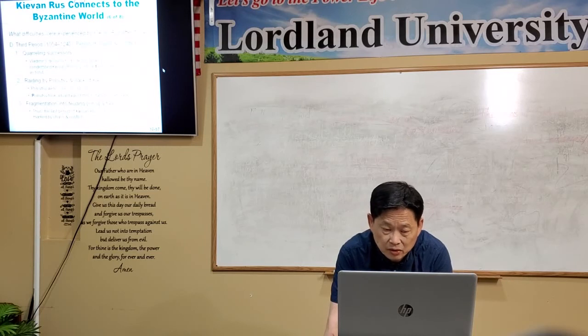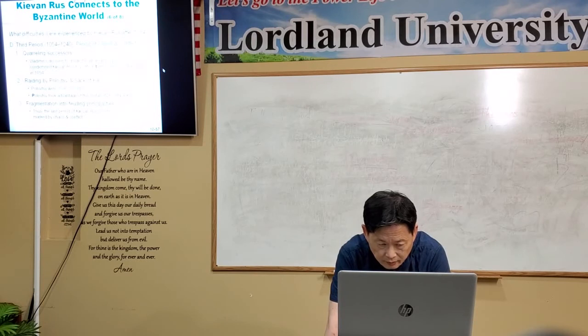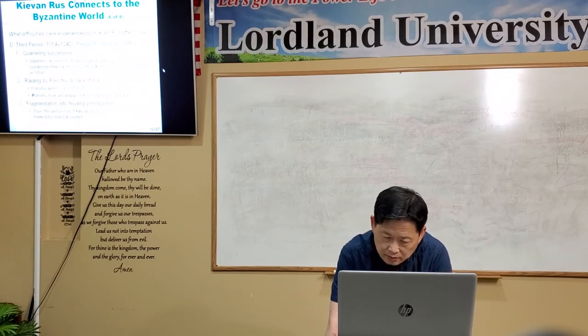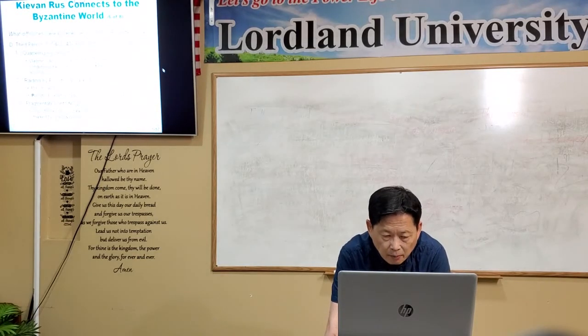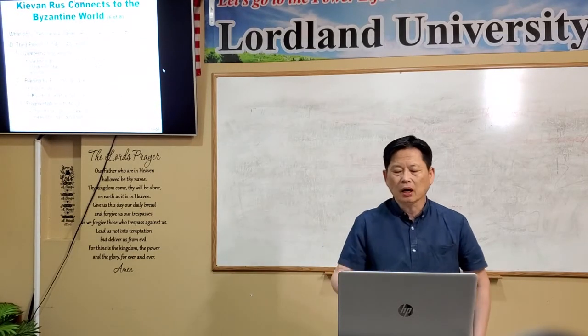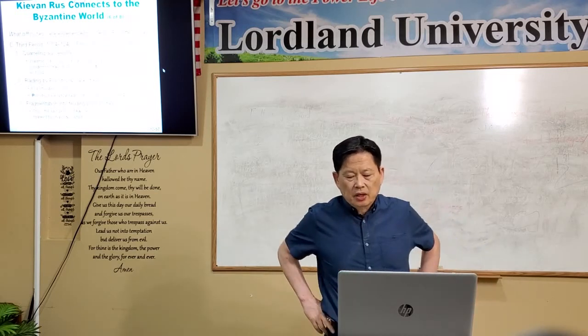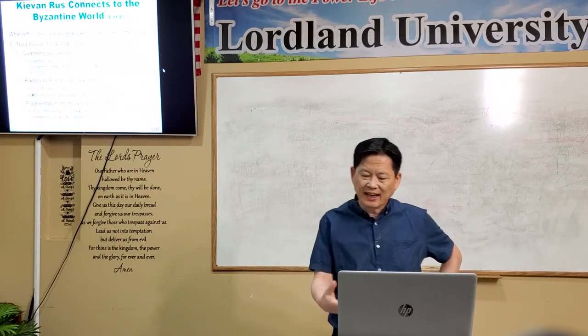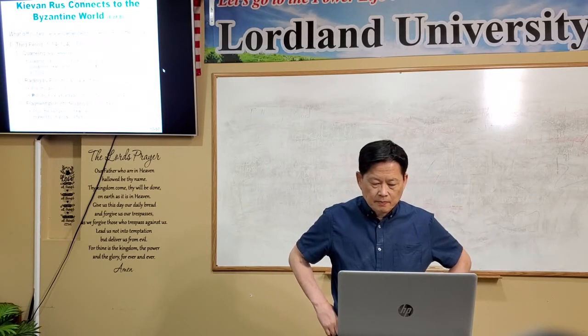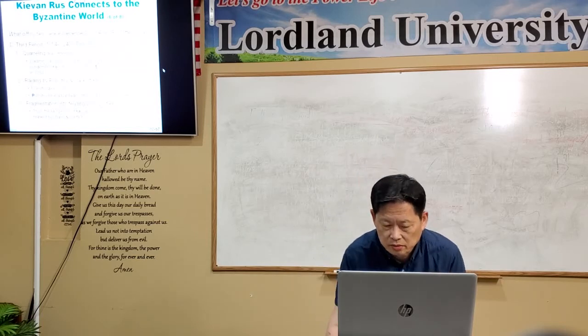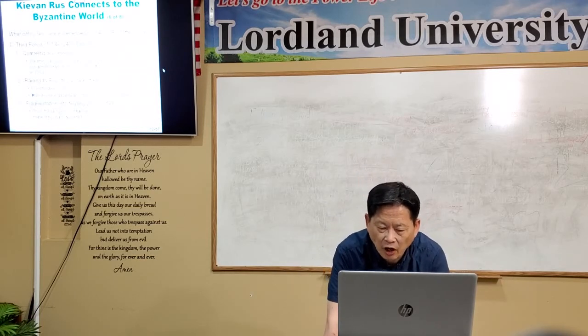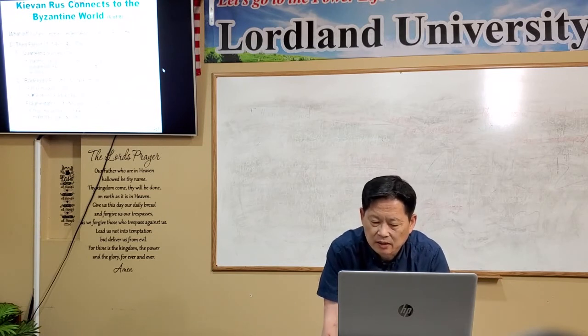Number two, raiding by the Polovtsy of Kiev. The Polovtsy were Turkic invaders from the steppes of Ukraine. The Polovtsy took advantage of this instability in order to attack Kiev.